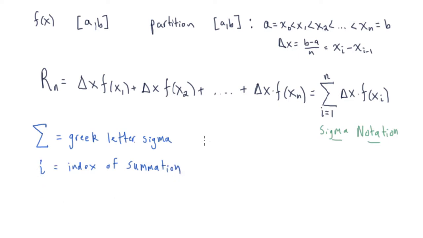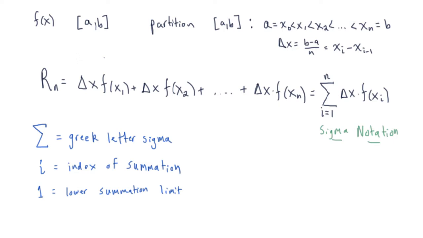Okay, so it's just the variable that's indexing the terms in the sum. So 1 in this case is the lower limit of summation, or the lower summation limit. Okay, so that just means we're starting at I equals 1.